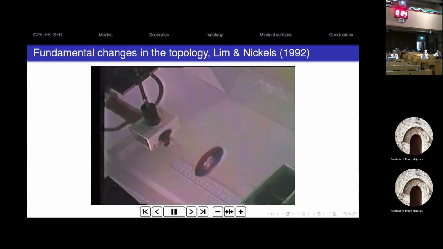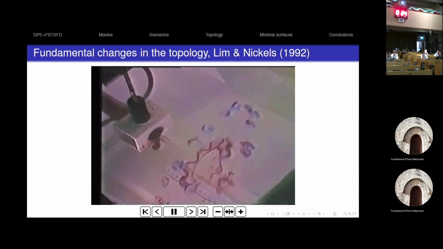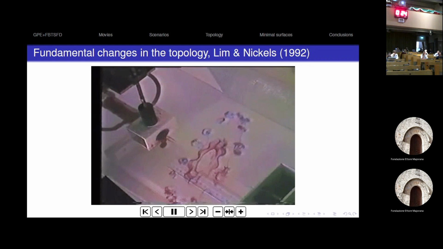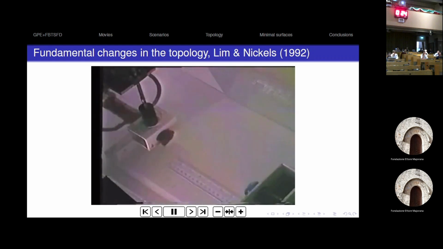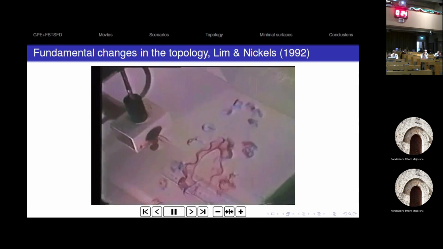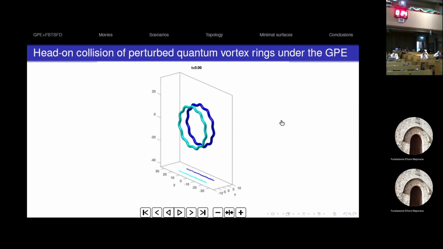They have a head-on collision, and from this collision, you see the production of small rings that travel radially, and you see all these threads and bridges, and this gives you the idea of how complex classical turbulence is in viscous fluids. For this reason, those who are interested in studying turbulence prefer to play with quantum turbulence.